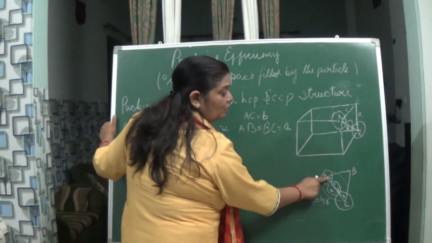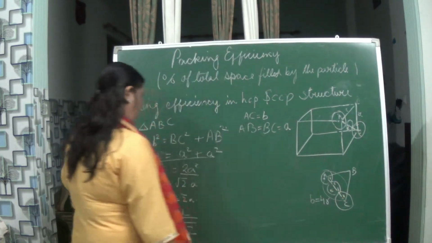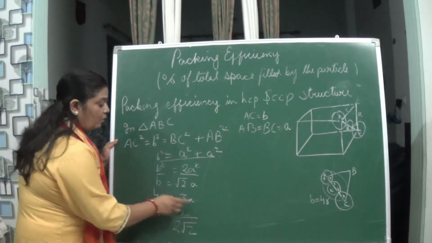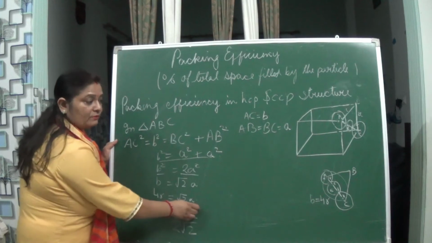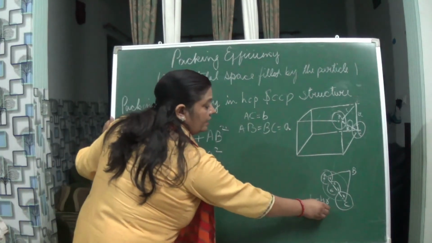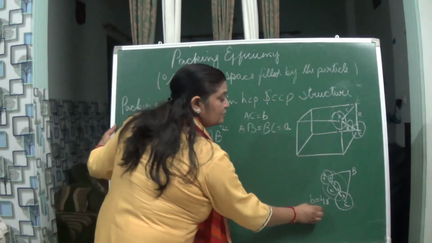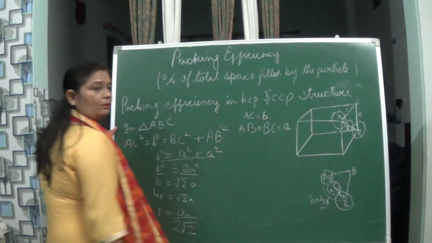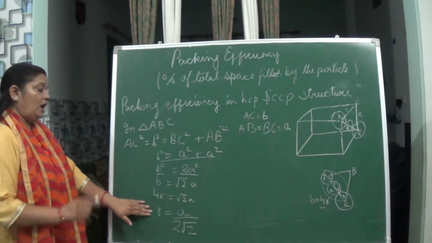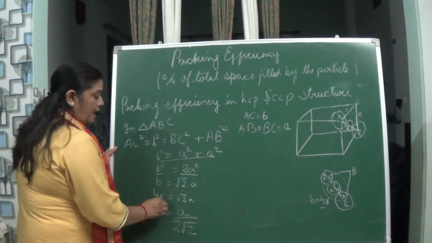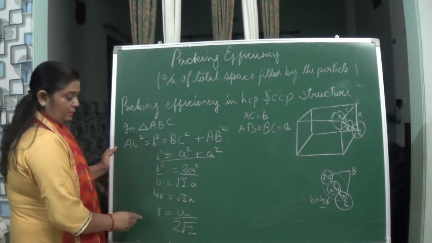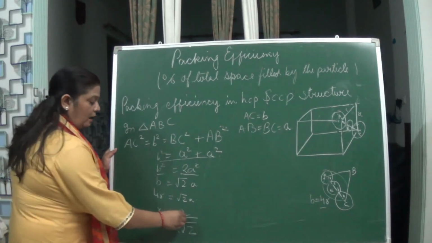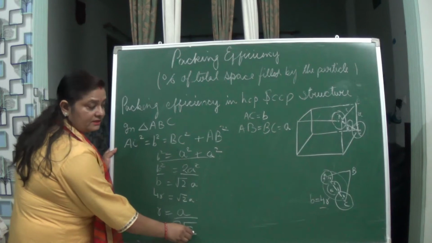It is representing 1, 2, 3 and 4 R. So 4R is equal to root 2 a, isn't it? Did you understand? Here b is 4R, I have shown you 1, 2, 3 and 4. So if 4R is equal to root 2 a, then R will become a upon 2 root 2.